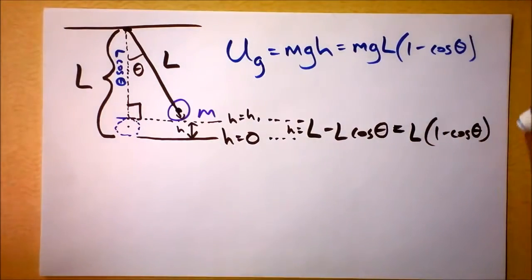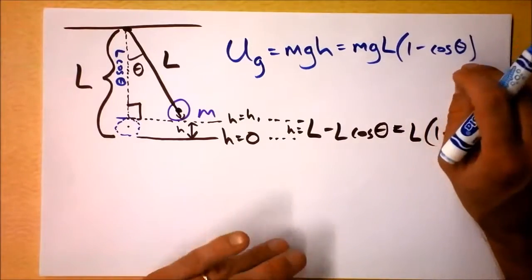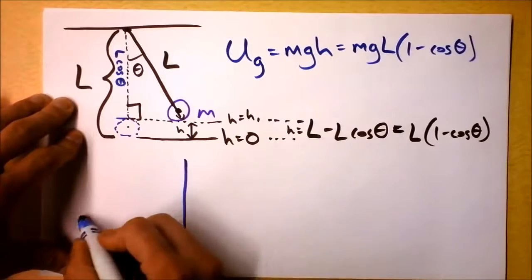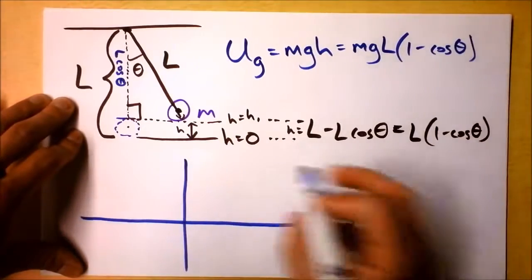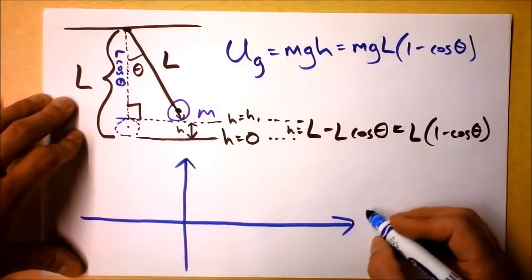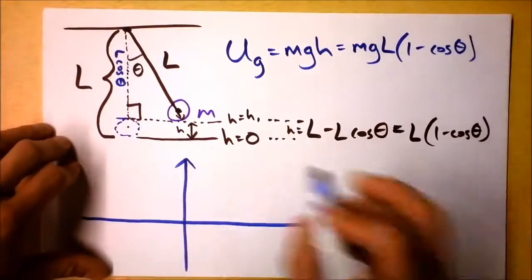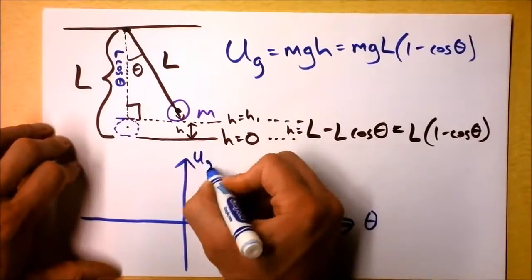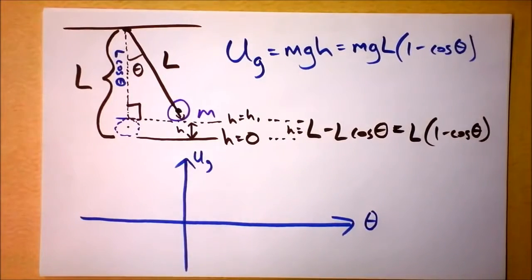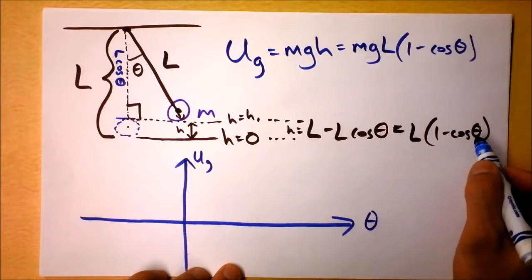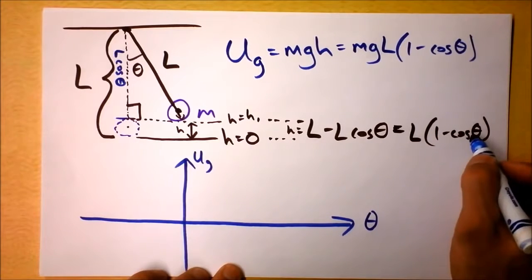I want to graph this function. I'm trying to graph 1 minus cosine of theta, and it's going to look like this. It depends on angle, so this is going to be as it depends on angle, and it's going to be the potential energy. What is cosine theta? Cosine theta is 1 at theta equals 0.